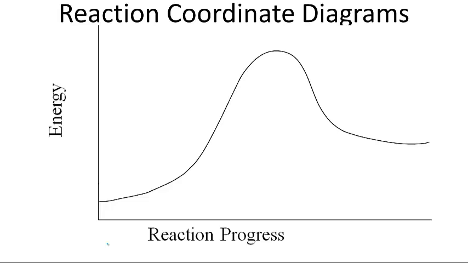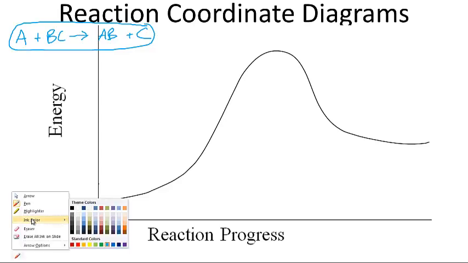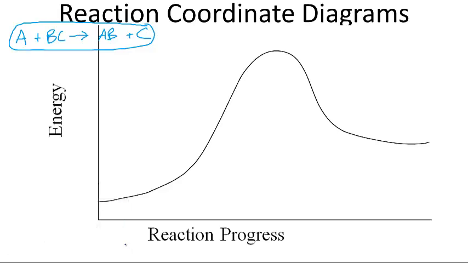So I have a reaction A plus BC makes AB plus C. All right, this is my reaction that I want to look at. And let's say it's represented by this pathway. Then over here on the left, I would have A and I would have B bonded to C, completely separate.